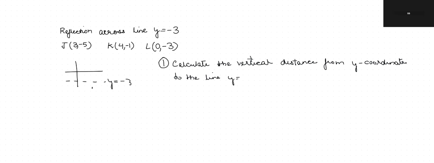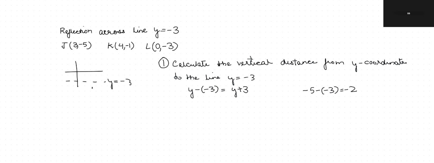Suppose for J, the y coordinate is y, so the distance will be y minus (-3), so this will be y plus 3. In this case, for -5 and -3, the distance will be -2.